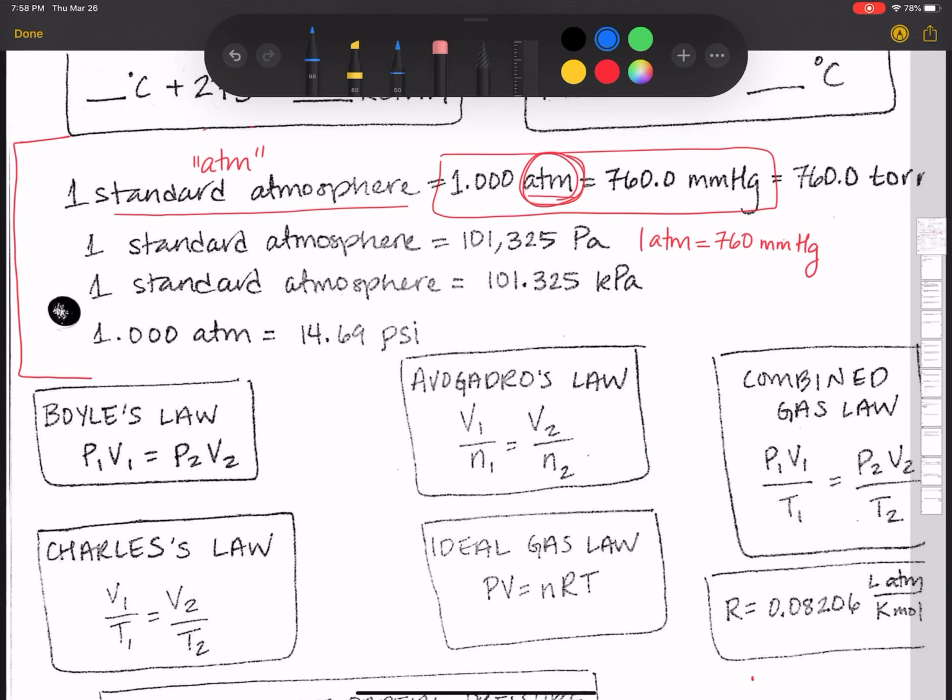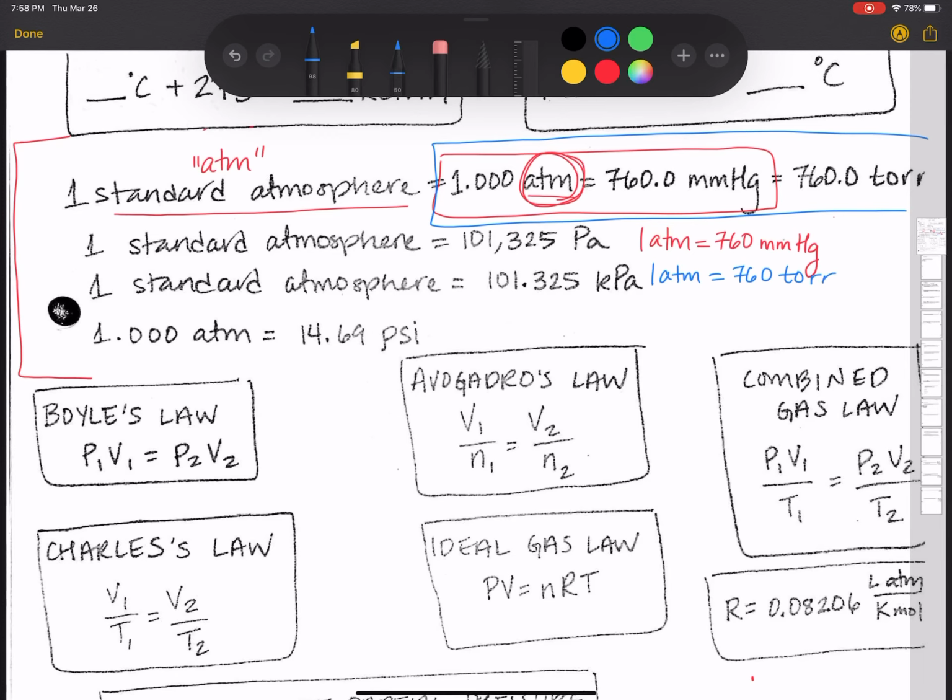If you look over here, I have all of these guys equivalent to each other. So 1 ATM is equal to 760 millimeters mercury, which is always also equal to 760 torr. That's TORR. So you could now look at it like this. You know that 1 ATM is equal to 760 millimeters mercury, but you now also know that 1 ATM is equal to 760 torr.